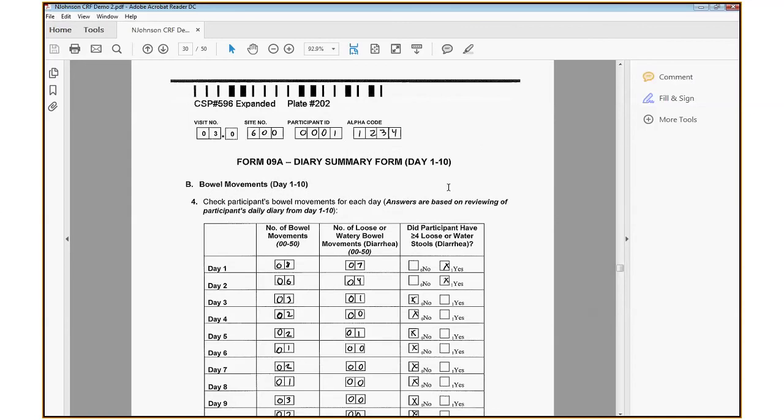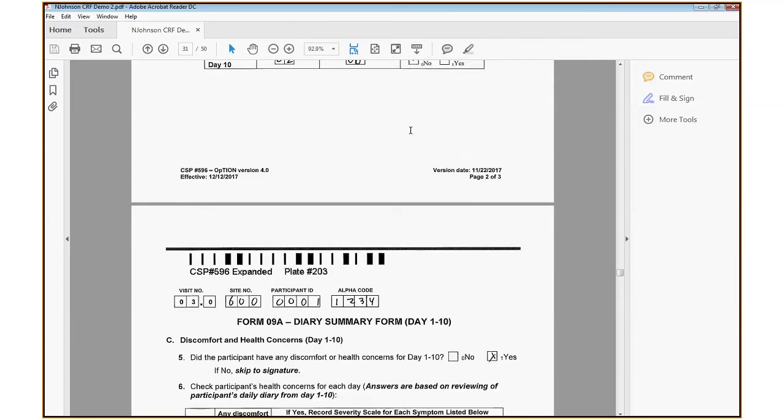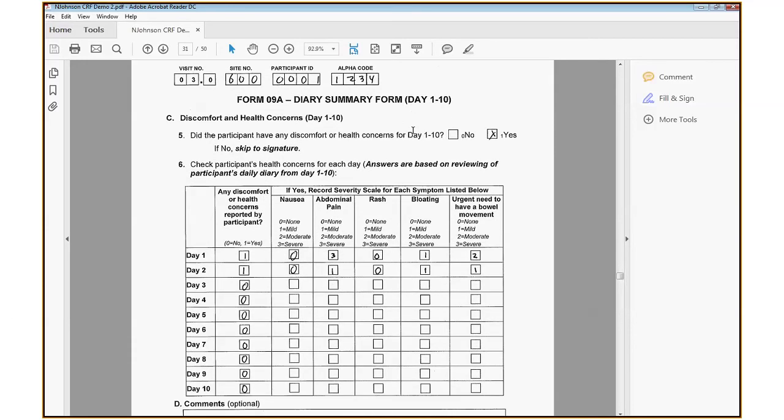Their bowel movement history: the number of bowel movements, the number of loose or watery bowel movements or diarrhea, and did the participant have 4 or greater loose or watery stool diarrhea. Did the participant have any discomfort or health concerns for days 1 through 10?